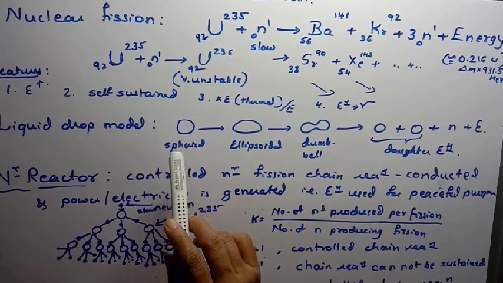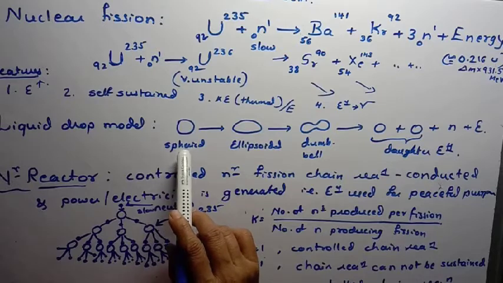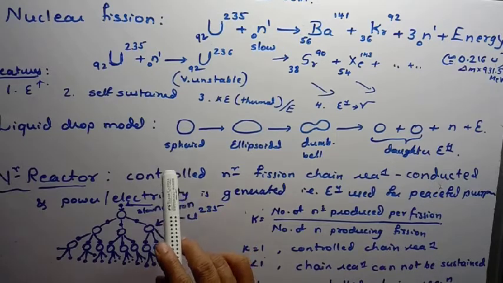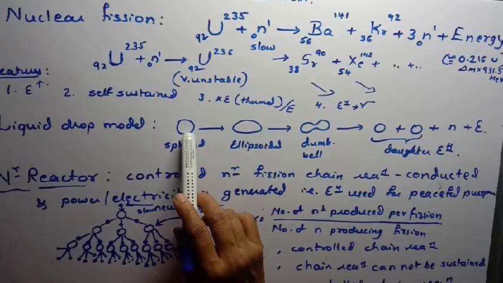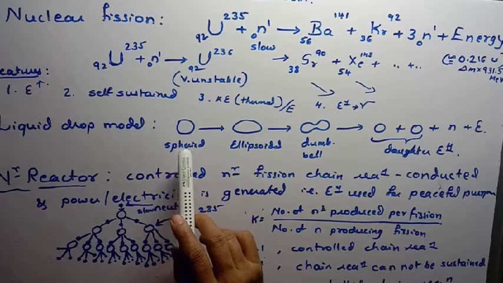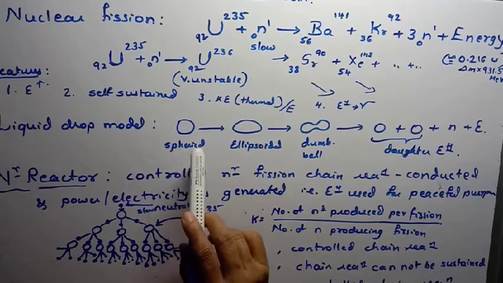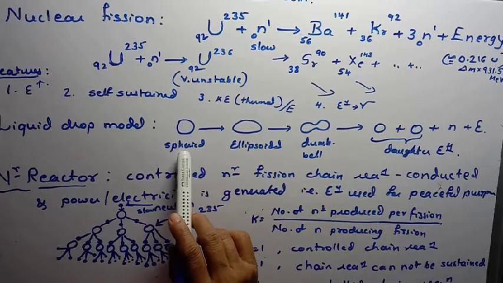It becomes a compound nucleus which is very unstable and highly energetic. That extra energy causes this nucleus to set in a series of rapid oscillations. So it starts oscillating.